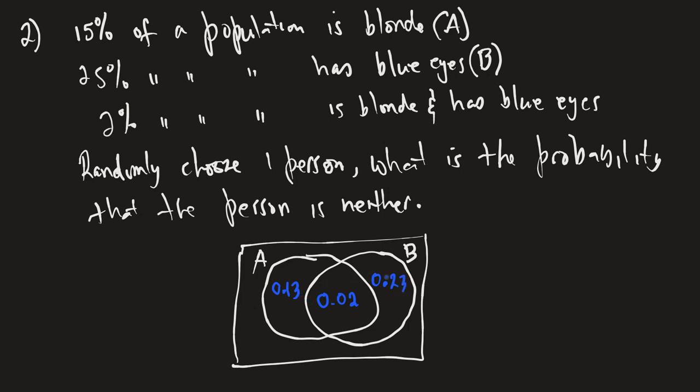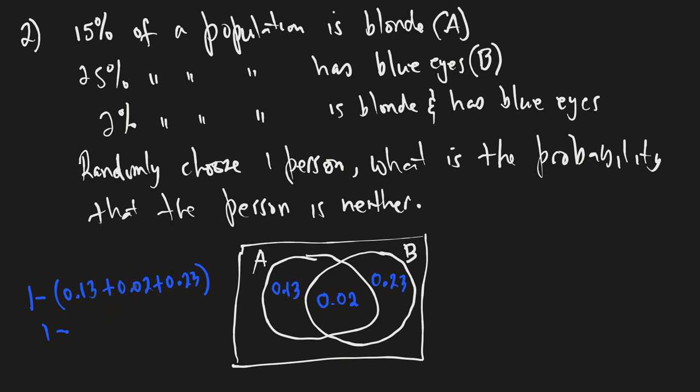And then if we add up these three values and subtract that sum from 1, so 1 minus 0.13 plus 0.02 plus 0.23, that's going to give me how much is left outside of all the circles, right?